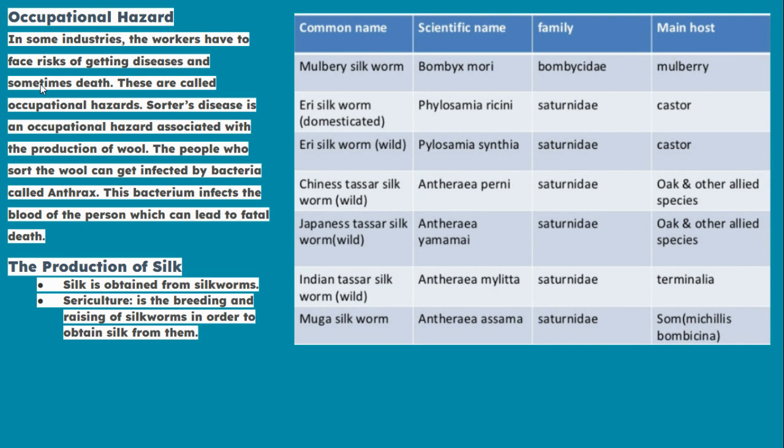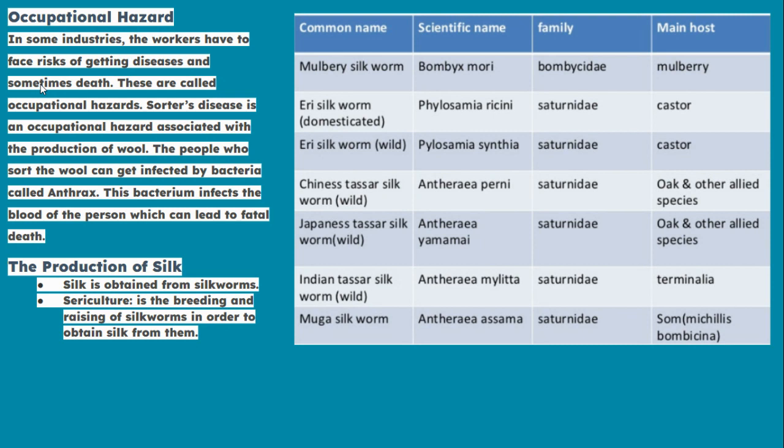The people who sort the wool can get infected by a bacterium called anthrax. This bacterium infects the blood of the person, which can lead to fatal death.